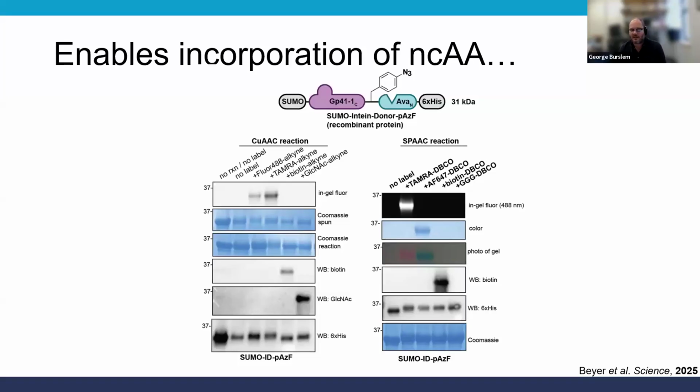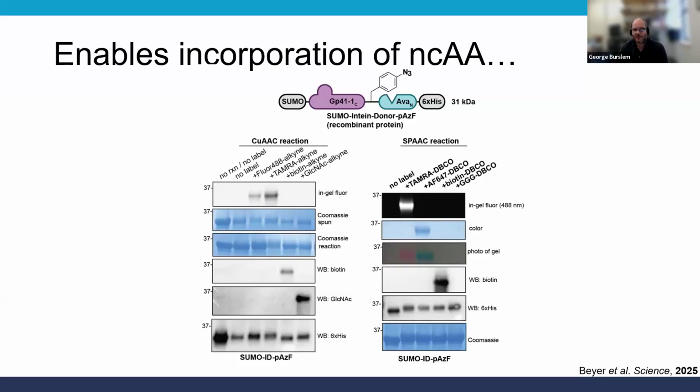So we can do click chemistry, either copper-mediated or strain-promoted, and incorporate fluorophores of different colors, biotins, post-translational modifications like GlcNAc. We can also put triglycine sequences for ubiquitination from another technology that was developed in the lab, and super resolution compatible fluorophores.